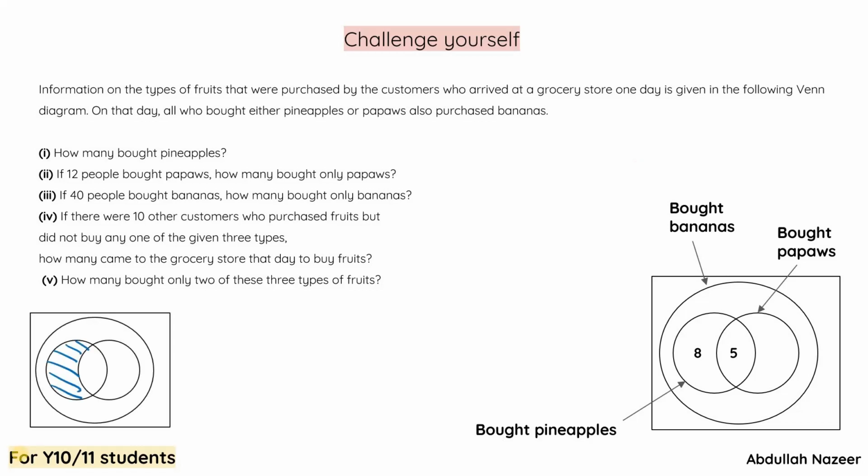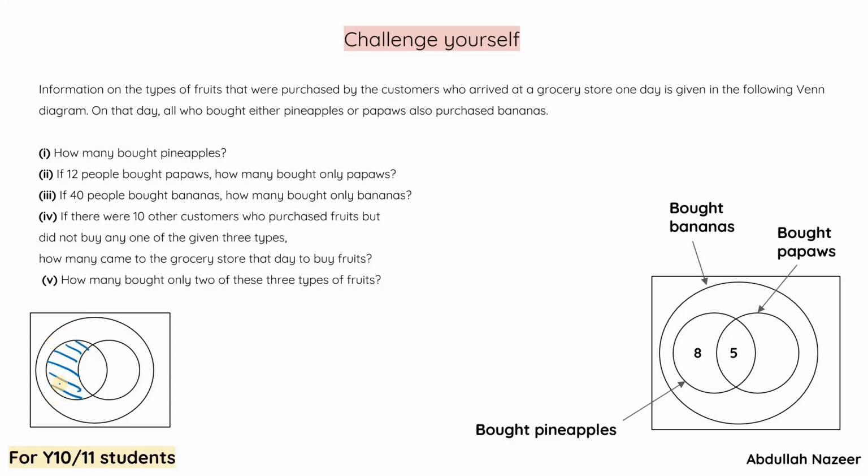So clearly we can see that that set is the set of people who bought pineapples. So whoever falls into that blue region must have bought pineapples. And also from the question and from the Venn diagram, we clearly see that whoever bought pineapples also bought bananas, as the entire set pineapple is a subset of the set of people who bought bananas.